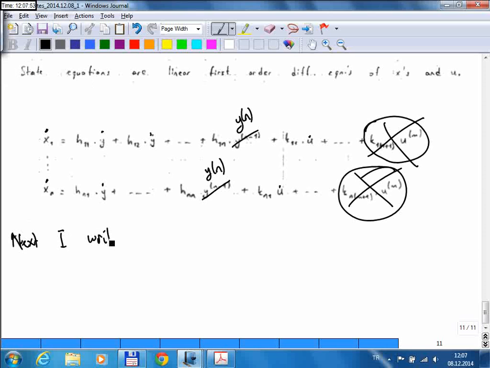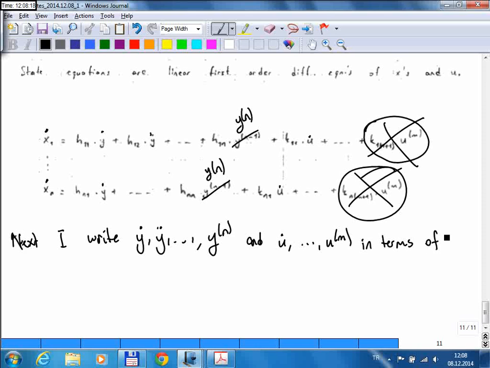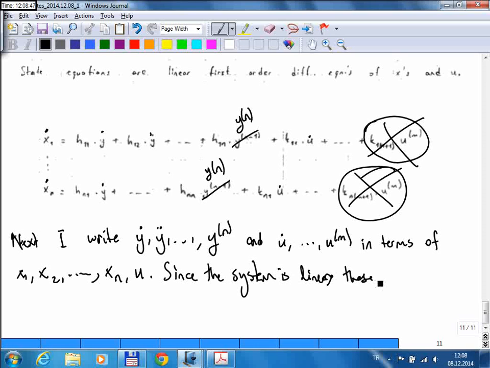Next, I write y dot, y double dot, and y the nth derivative in terms of the new state variables x1 and x2, and since the system is linear, these will be linear functions as well.